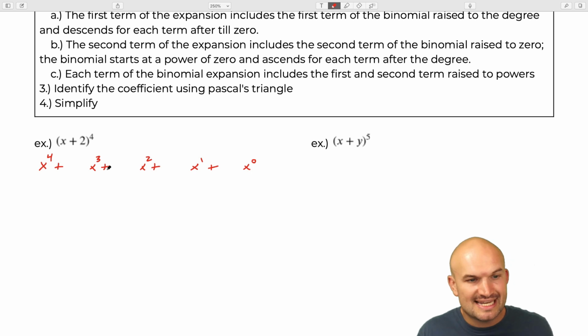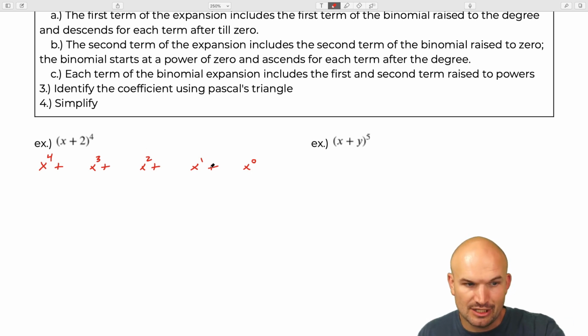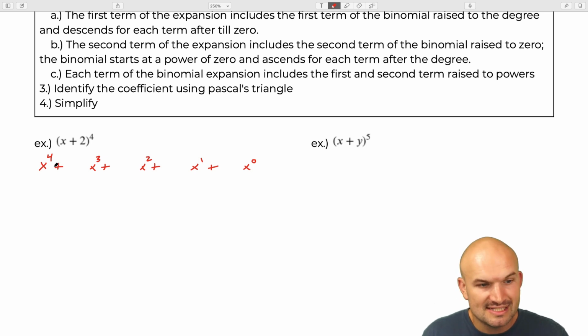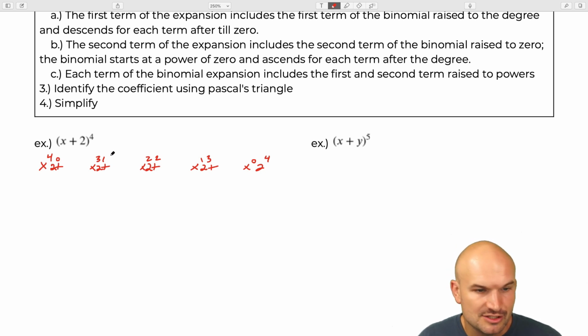So the first term always starts at that power and goes in descending order, whereas the second term always starts at 0 and goes in ascending order. So that would be 2 squared, 2 cubed, and 2 to the fourth. Obviously, 2 to the 0 power is going to be 1.